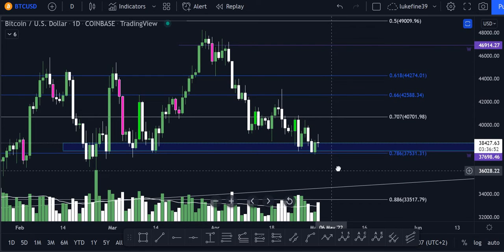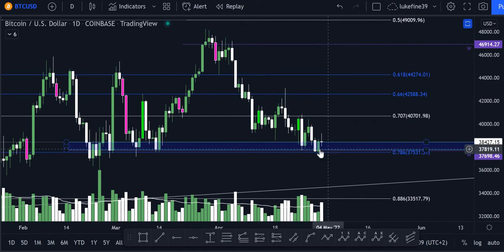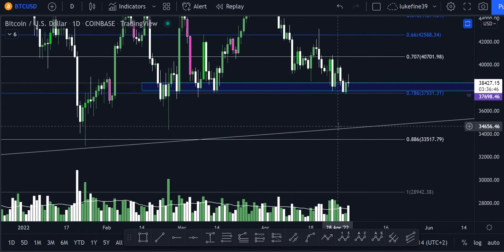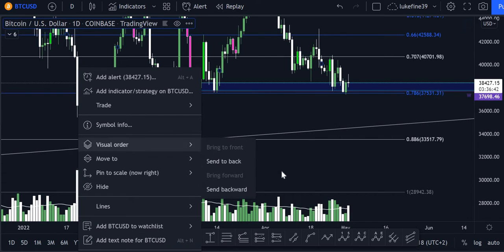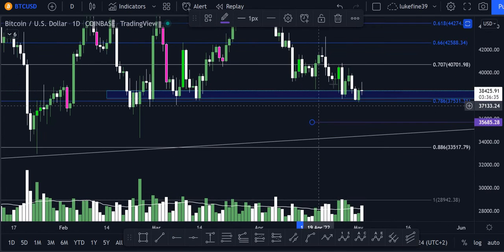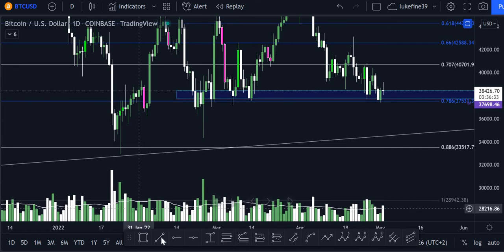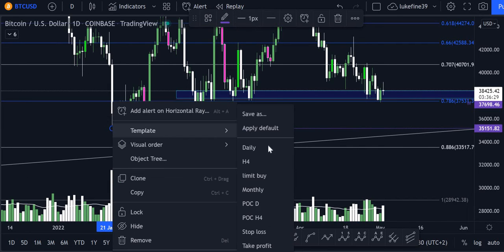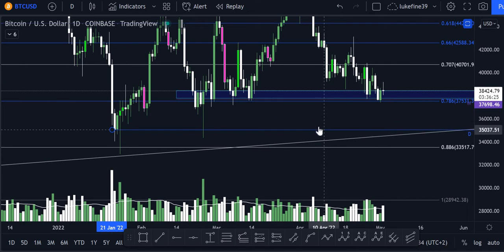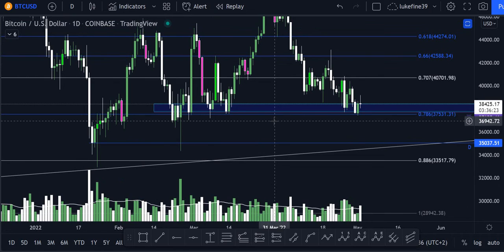So, a keynote: if we lose this level, we will go down fast to this zone. So we have a daily support there, right there, and another one here.